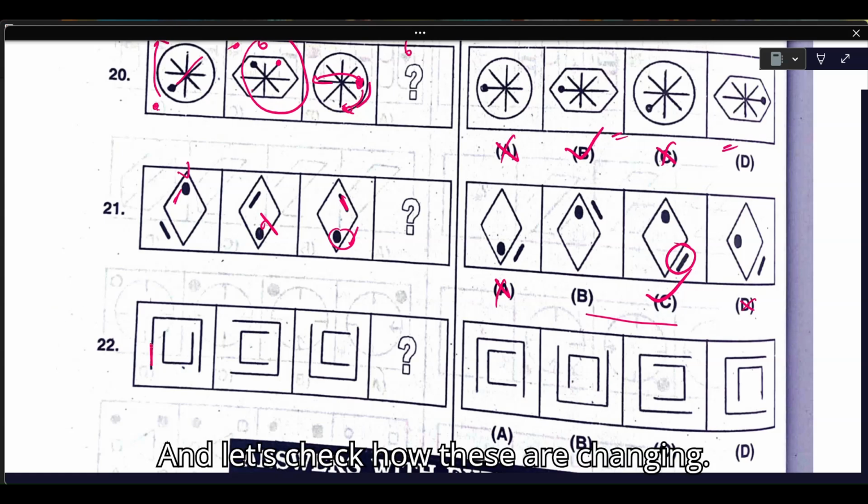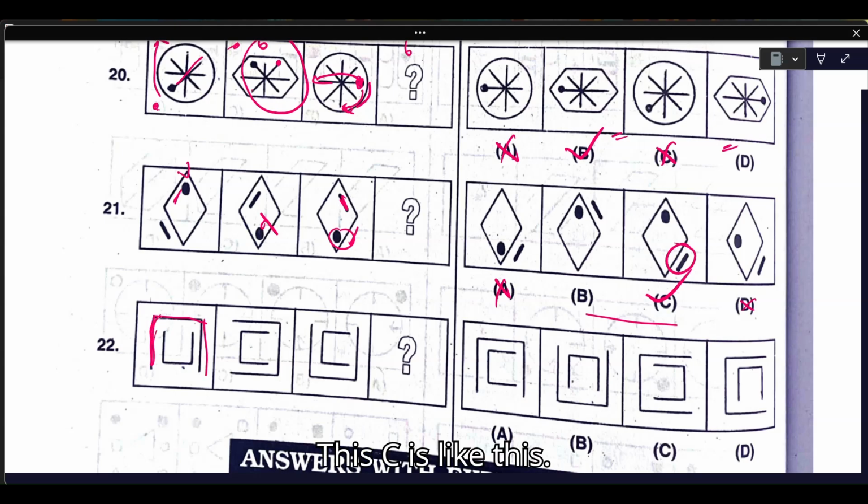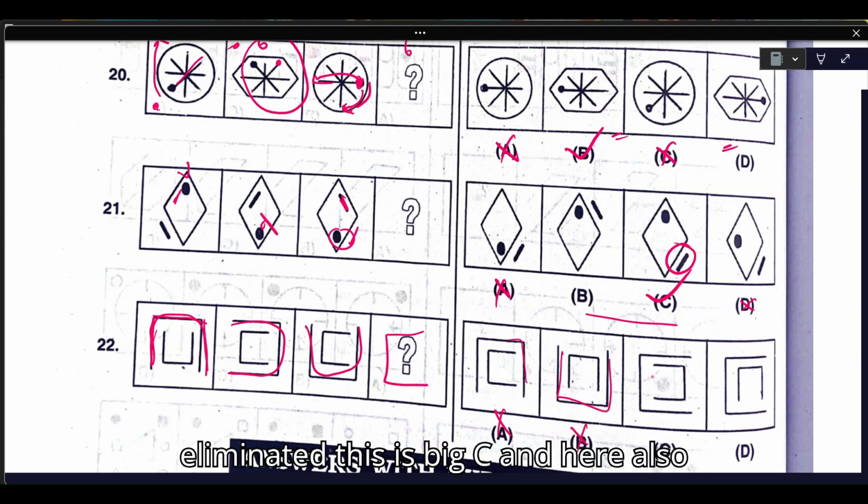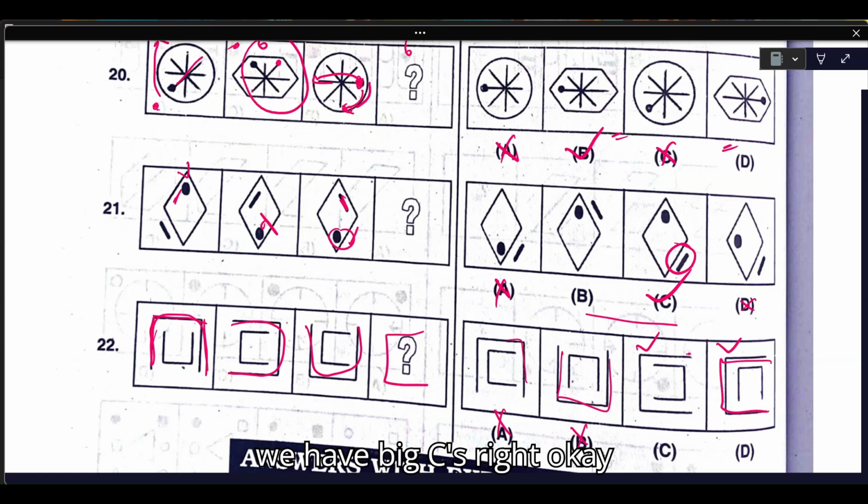Okay, and let's check how these are changing. This is like this, and it changed to clockwise direction like this and like this, and the next one, the outer one should be a big C, right? So this is not C, eliminated, this is not C, eliminated, this is big C, and here also we have big C's, right?